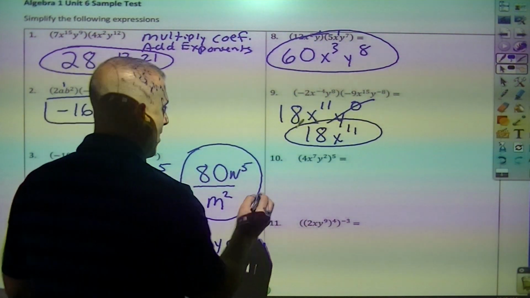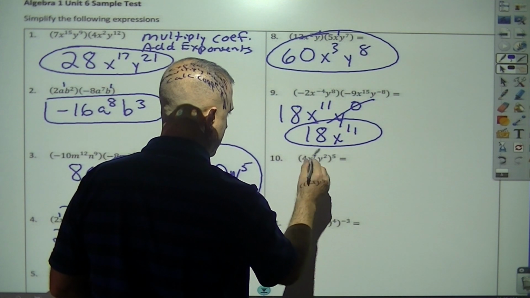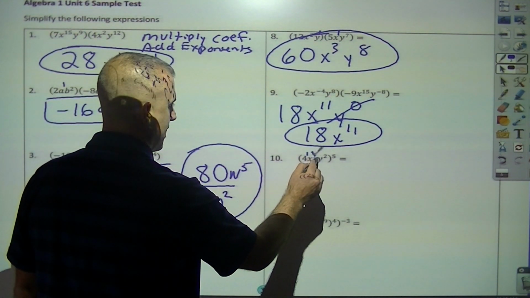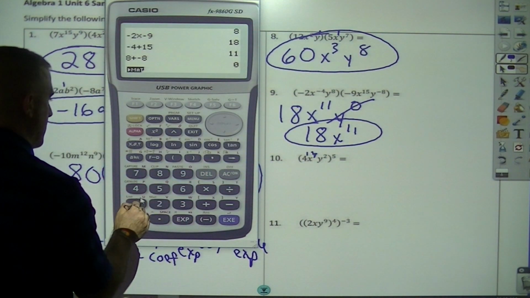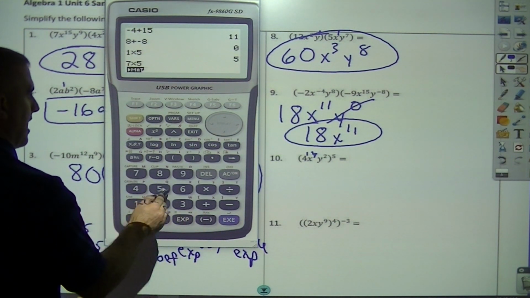Here's the power rule. I've got a coefficient, base, exponent, base, exponent. So I want to put a 1 right there where the 4 is, and this is a 7. I want to multiply 5 times all those things. So 1 times 5 for that exponent, 7 times 5 for that exponent, 2 times 5 for that exponent.